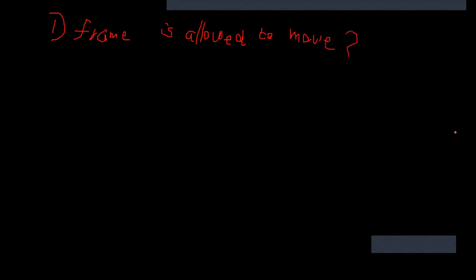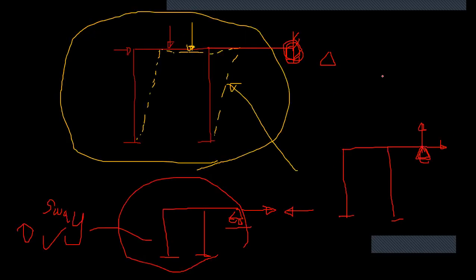There can be something like this: if a load is applied, this is allowed to move, so it can go in this way, and your frame would be something like this.